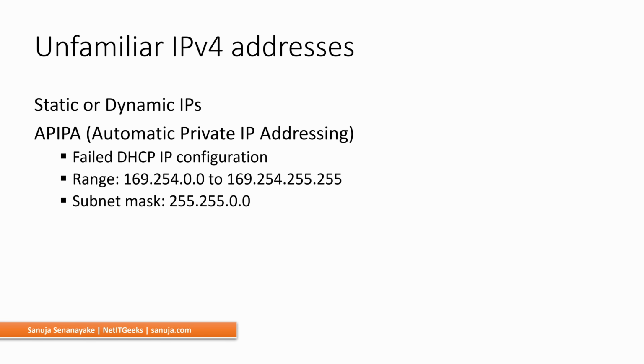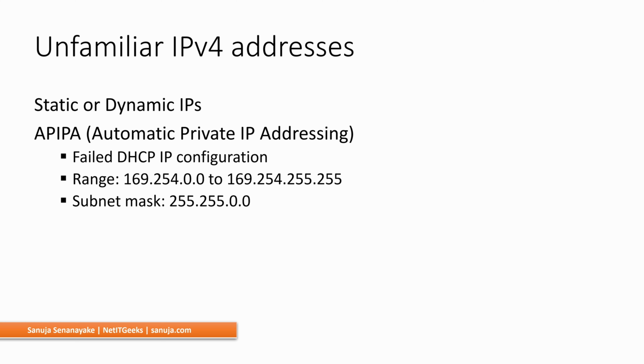In that situation, you're going to end up with something called APIPA, also known as Automatic Private IP Addressing, which is built into many systems such as Microsoft Windows 10, 11, Windows Server, etc. The operating system itself will assign an APIPA address to the network interface when the DHCP IP configuration fails.